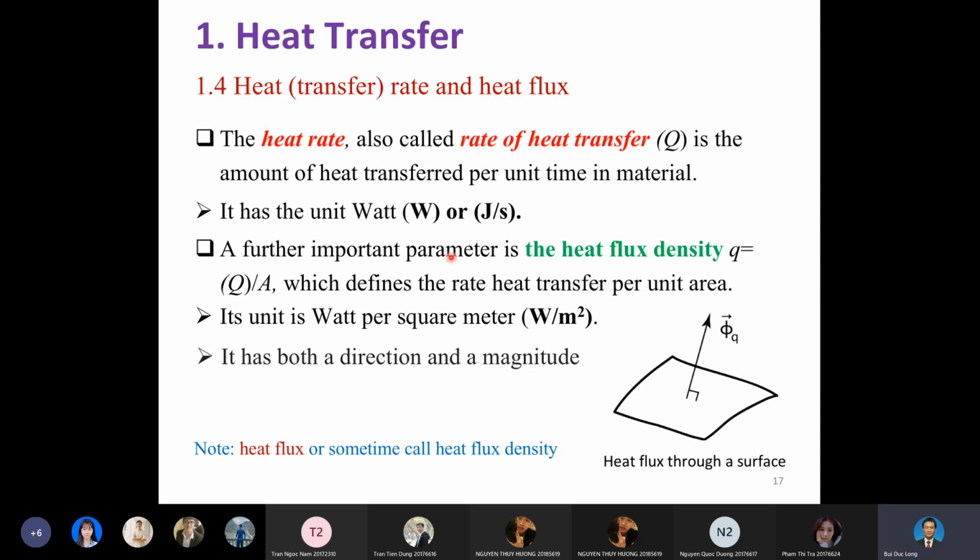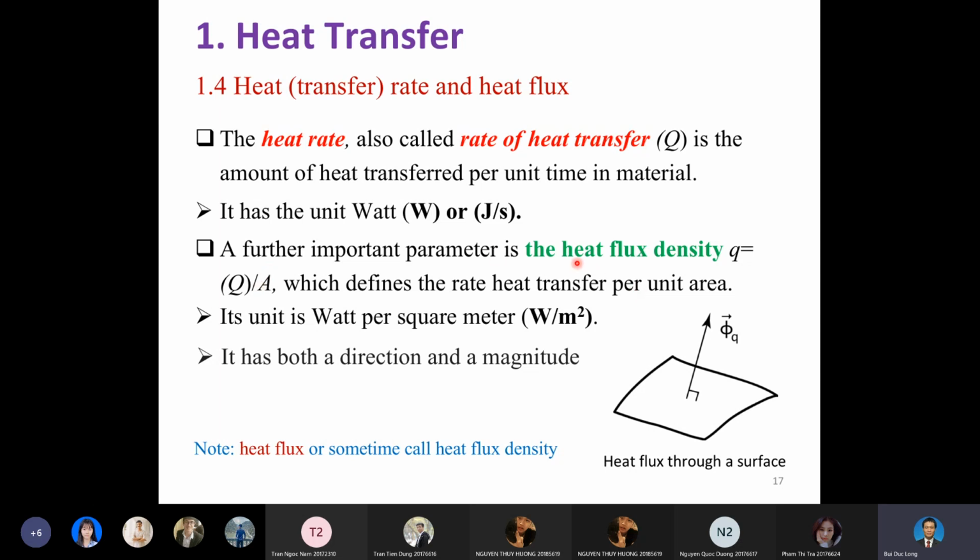Another important parameter is the heat flux density. We denote it as small q, equal to big Q divided by A, where A is the area.